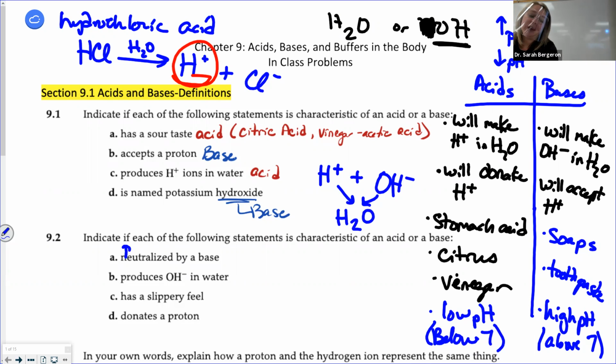Neutralize means get to pH 7, which means you don't have an acid, you don't have a base, all you have is pure water. So an acid is neutralized by a base, right? Acid plus base equals water. So here's my acid, here's my base. Acid plus a base makes water. So this is neutral.